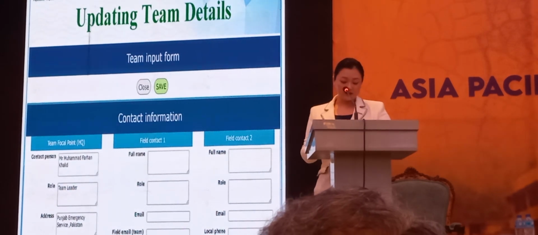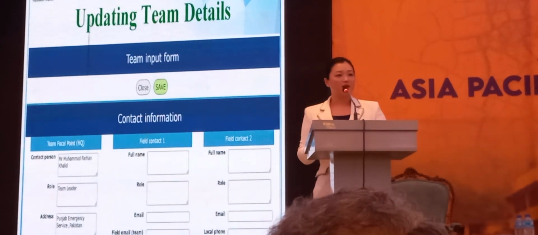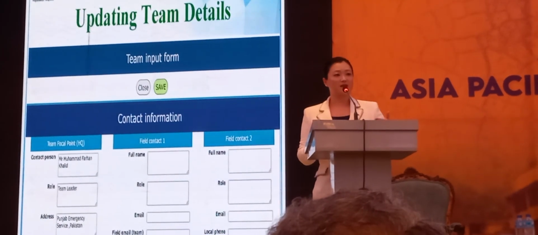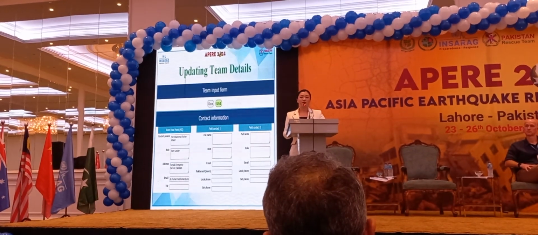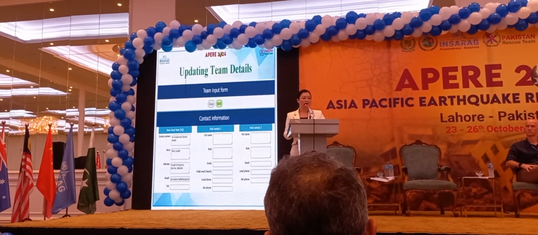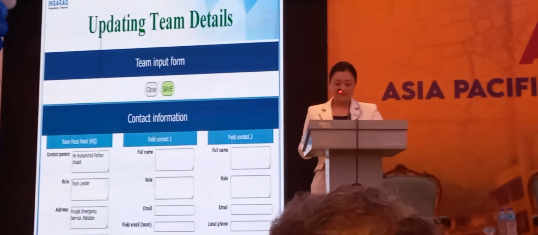And please make sure that you update the contact, the team focal point at the base in the sending country who is going to support you, and also the team leader's contact on the ground, so that whenever someone needs to contact your team, there is a way to contact.